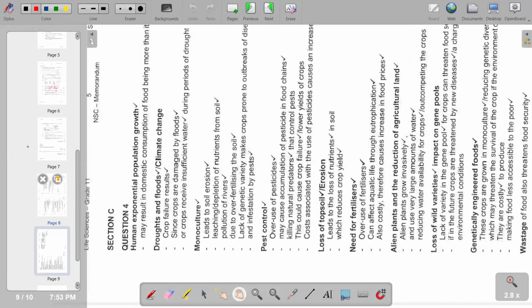The first point that we have is human exponential population growth. You've got droughts and floods or climate change, monoculture, pest control, loss of topsoil or erosion, need for fertilizers, alien plants and the reduction of agricultural land, loss of wild varieties, impact on gene pools, genetically engineered foods, and wastage.